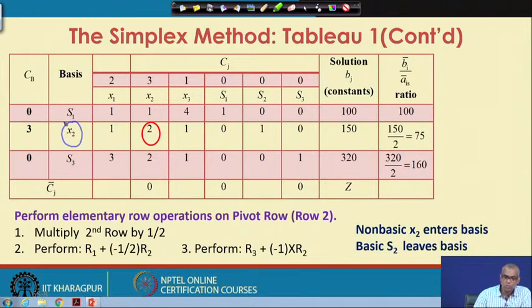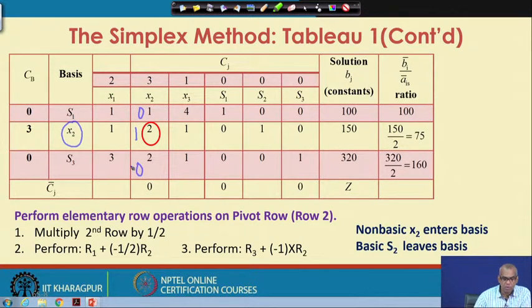So, now we have to perform elementary row operations, so that we have 1 here and 0 elsewhere in this column, so that you have the canonical form.